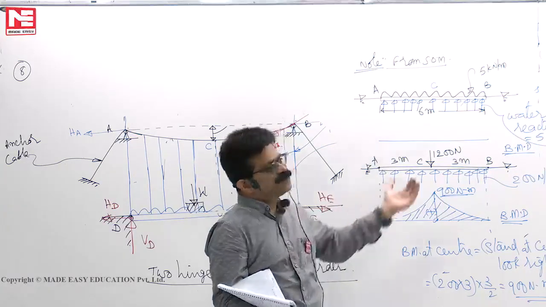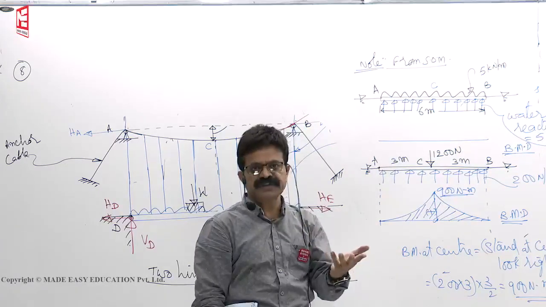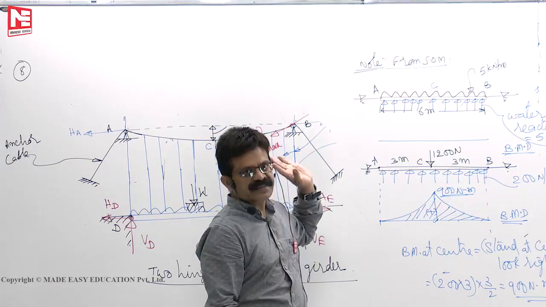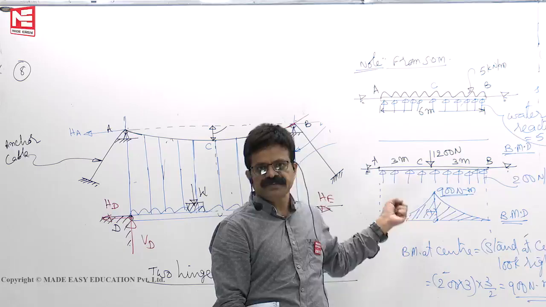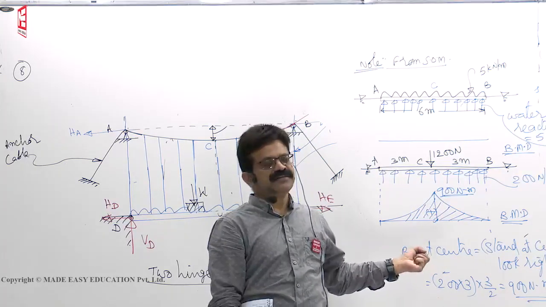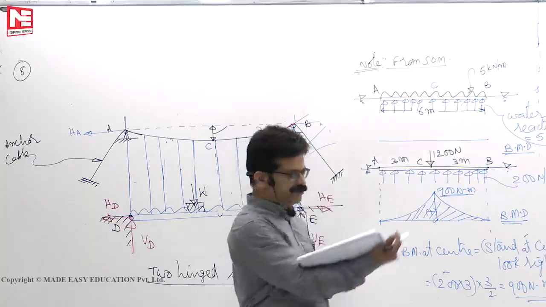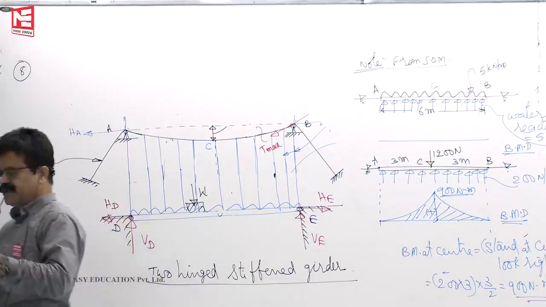But if loads are moving, whatever bending moment or shear force develops, the magnitude will be relatively less in arches. So we take that structural advantage of the bending moment being less, and we build arches from this concept. It is difficult.